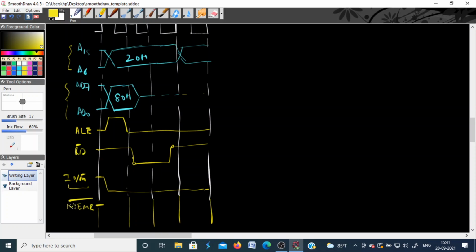Similarly, by using the write signal and the IO/M bar signal, we can have two separate signals for memory write and input output write operation. So this memory read signal basically follows the read signal.